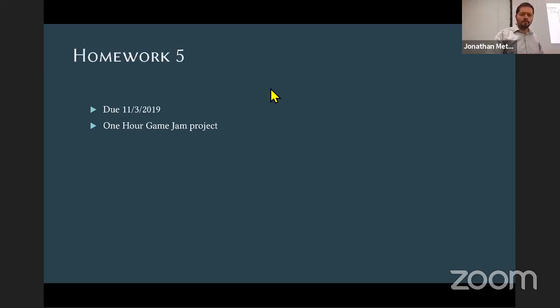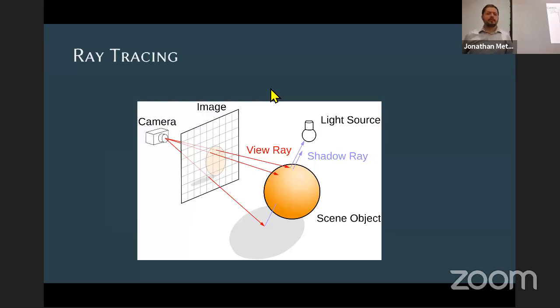But the idea here, just to review what ray tracing is. Let me dim this just a little bit. Backwards ray tracing is where we shoot rays from the camera into the scene and find out how they're going to reflect light in the environment.